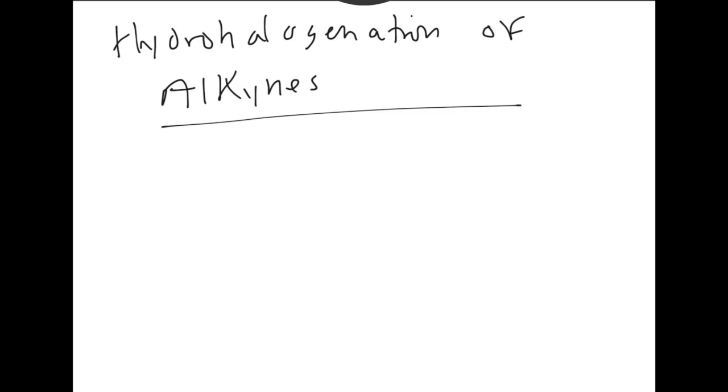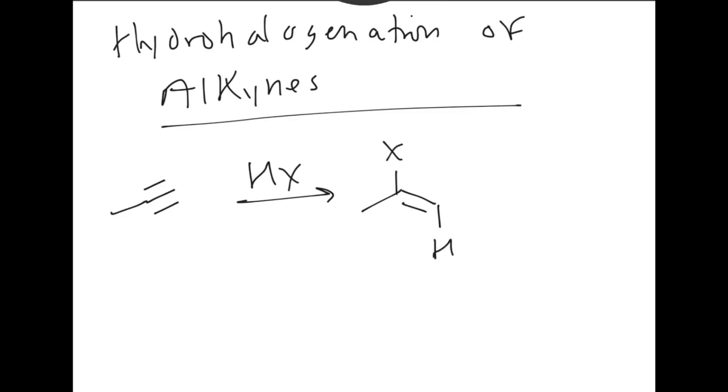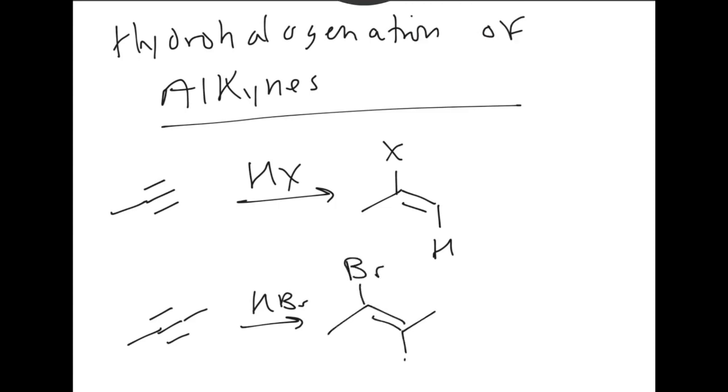So if you have an alkyne and you treat it with HX, you can add a hydrogen to one side of the alkyne and a halide to the other. Right, so if you take your alkyne, you treat it with HBr, you'll make a vinyl halide. This is a vinyl halide, right? You've got a double bond, and on the vinyl carbon, you have a halide, vinyl halide.